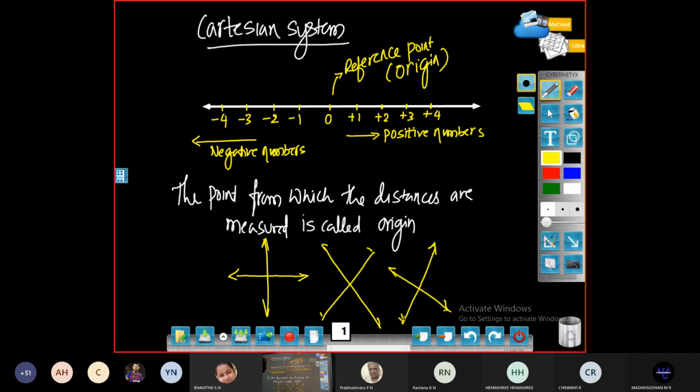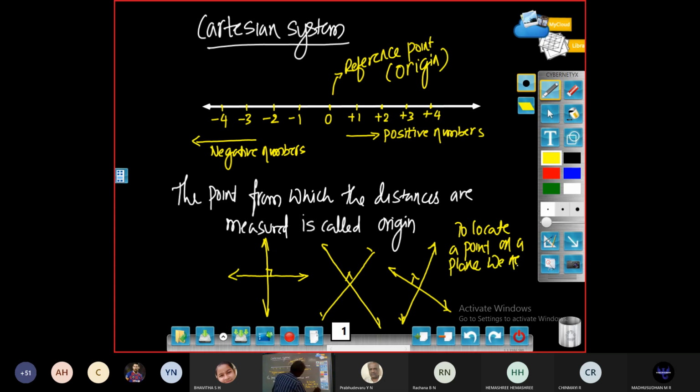So using these two perpendicular lines, he located the point. Two perpendicular lines are required to locate the point. This idea was invented by René Descartes to locate a point on a plane.